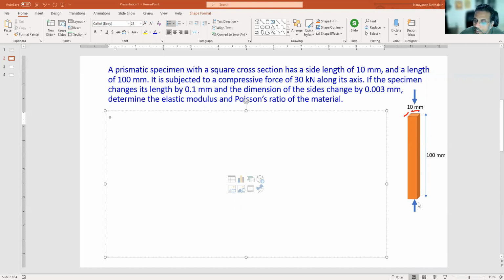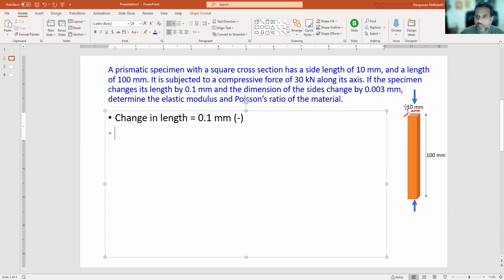Remember, it is compression, therefore the length is going to go down. So your change in length is given as 0.1 millimeter, right? I can straight away write that as negative because my length has gone down. Change in length is 0.1 millimeter and the side length is 10 millimeter.